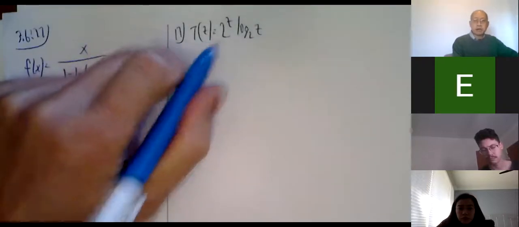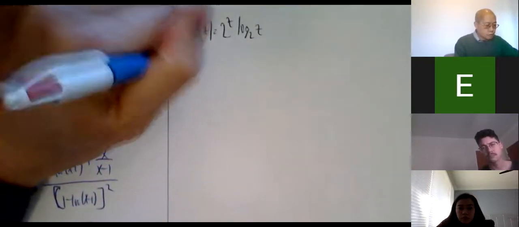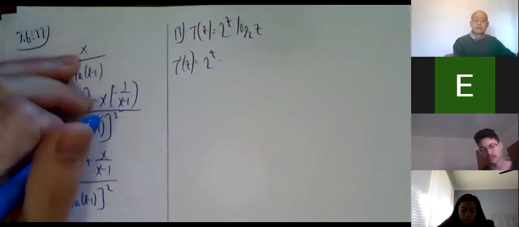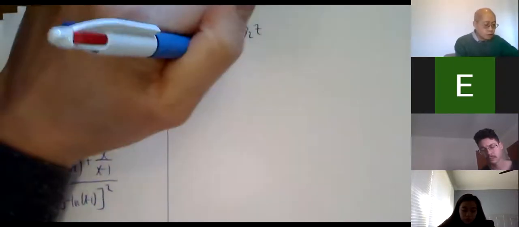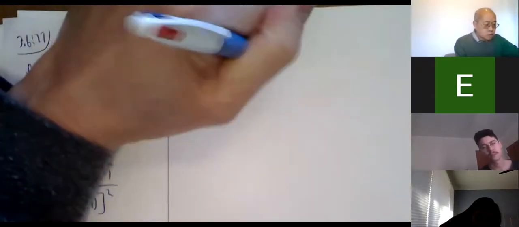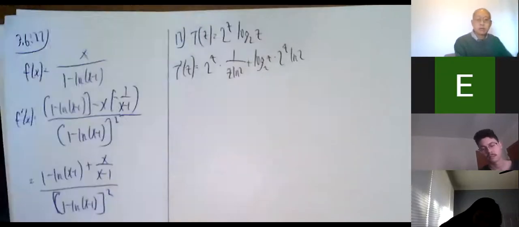Okay, my z's are going to have a mark there, so it's a product rule. So first, 2 to the z times derivative of the second, derivative of log base 2 of z is 1 over z ln 2, plus second function, log base 2 of z times derivative of the first, 2 to the z ln 2.